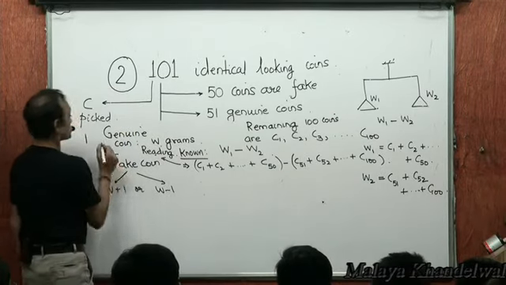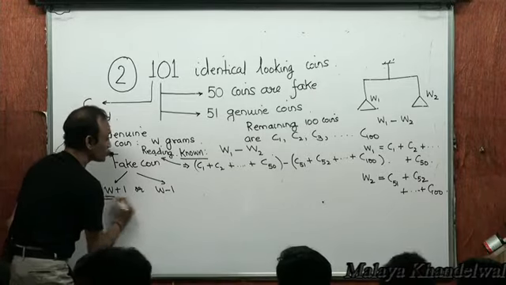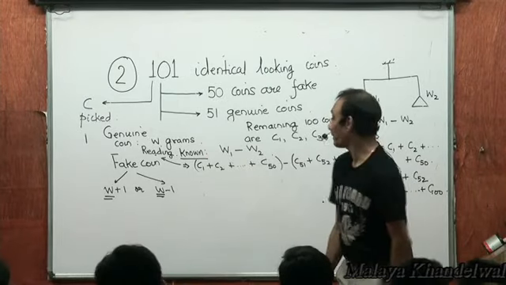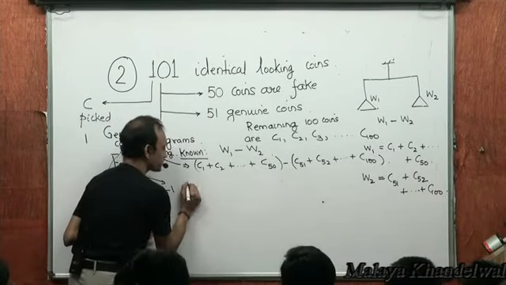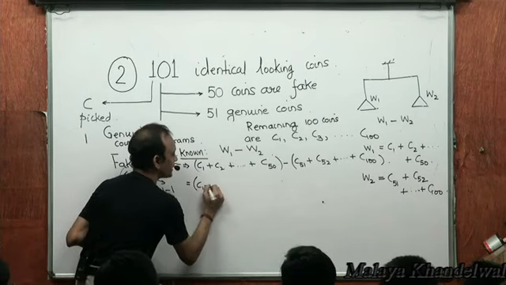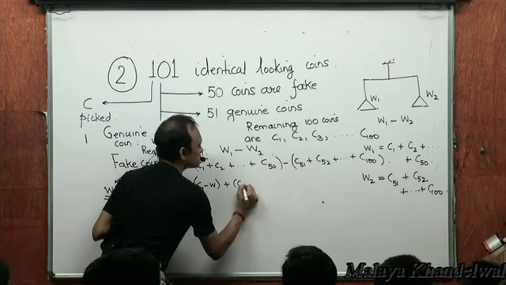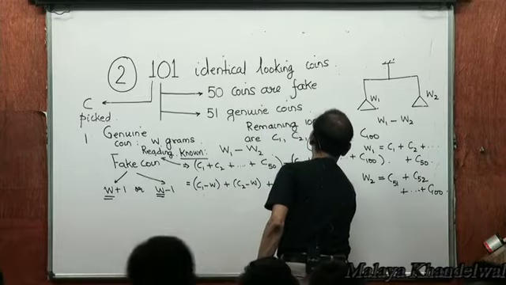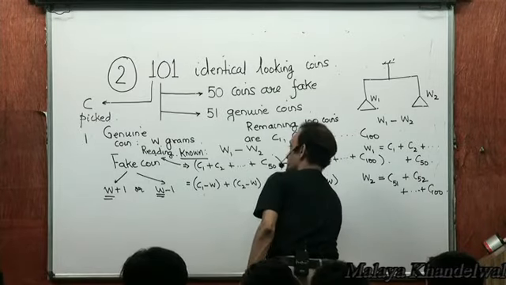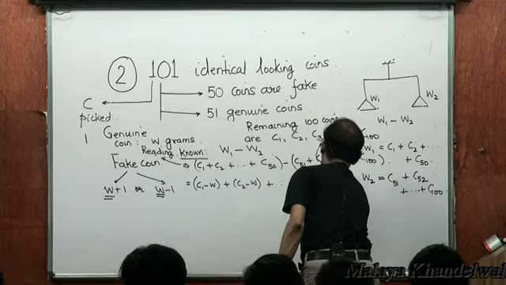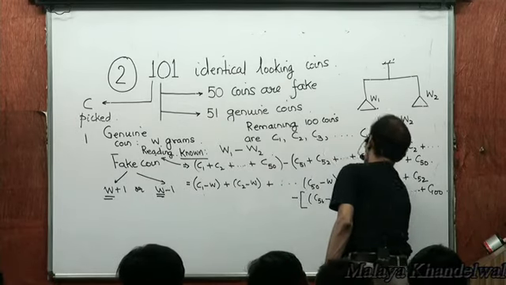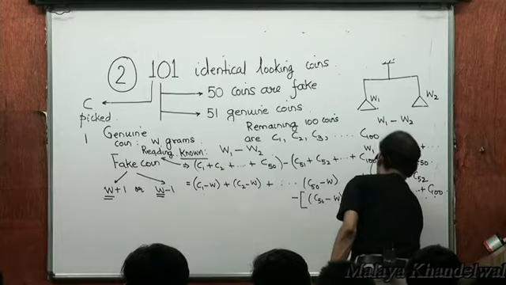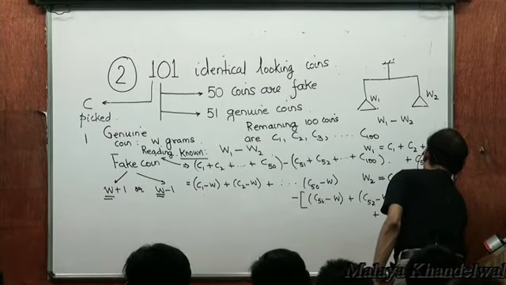Now, suppose W was the weight of the true coin. Can I write all of this as C1 minus W plus C2 minus W plus ... plus C50 minus W minus C51 minus W, C52 minus W, ..., C100 minus W?